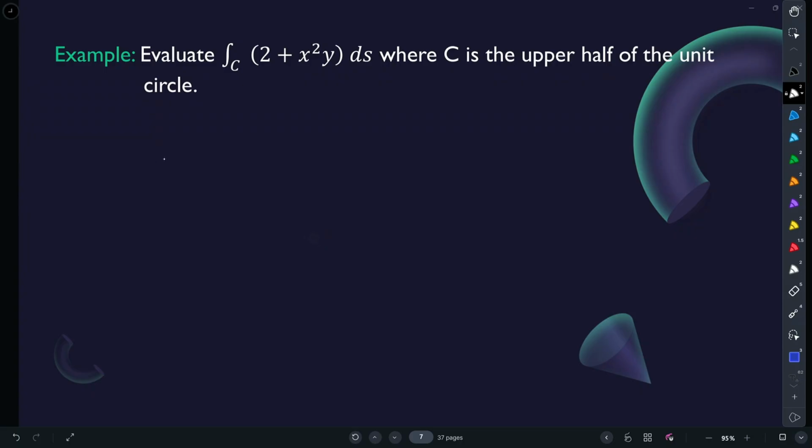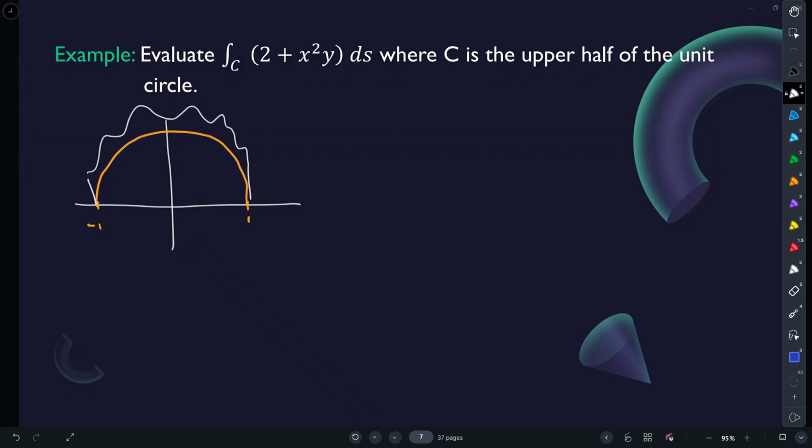But we're only going to travel on the unit circle. So here is 1, and here is -1. And it's the upper half of the unit circle. So I want to just integrate above this unit circle. That function will have, I don't know, some shape like this above the unit circle.